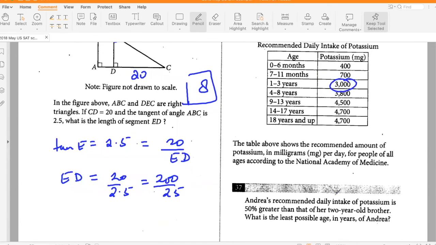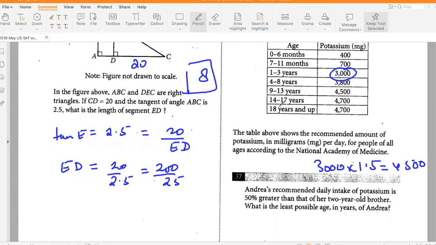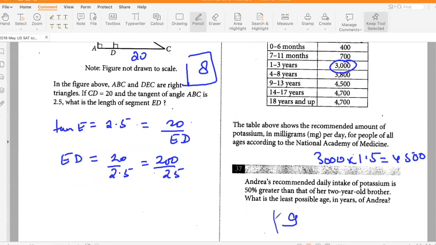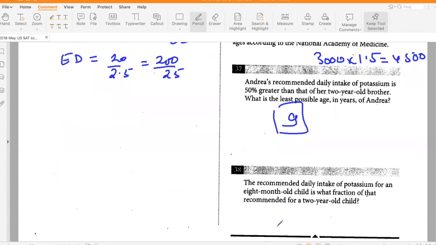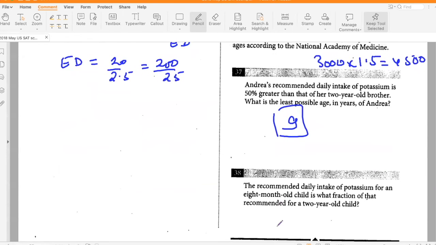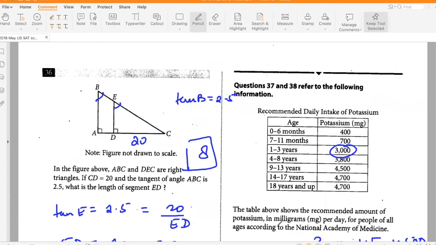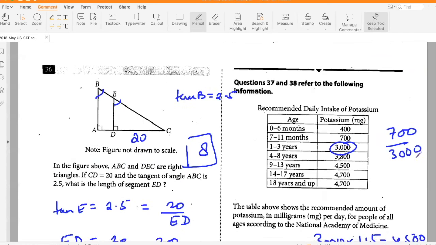So for Andrea, it is 3000 times 1.5, which is 4500. So the least possible age for Andrea is 9 years. Okay. The recommended daily intake of potassium for an 8-month-old child is what fraction of that for a 2-year-old child? 8-month-old is 700 and 2-year-old is 3000. So that's 7 by 30.